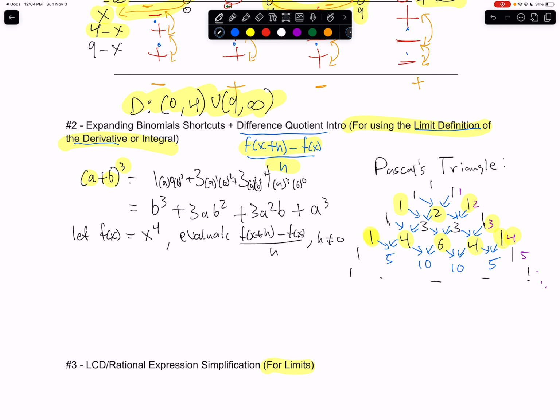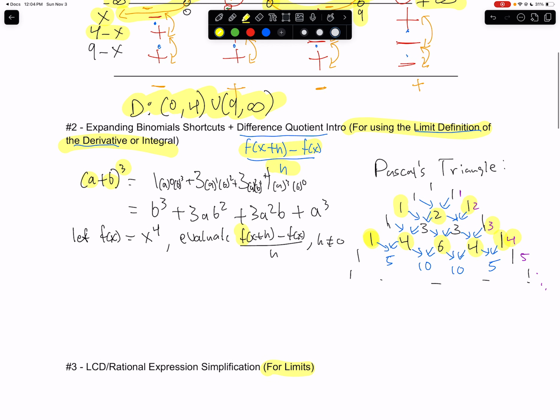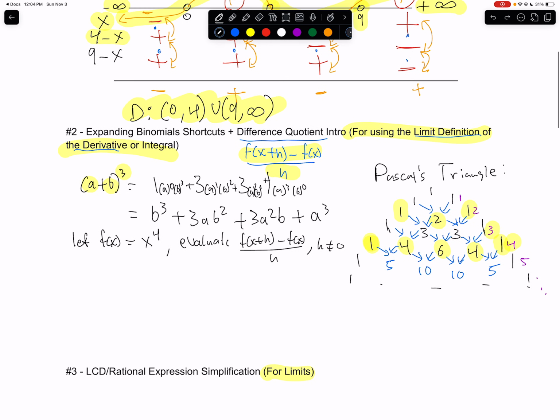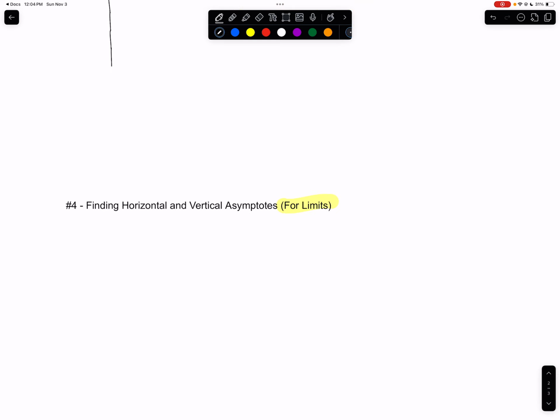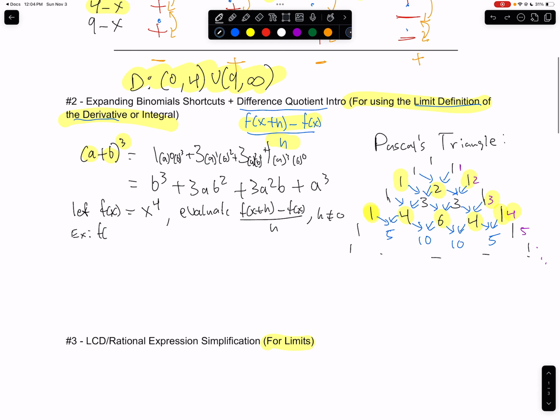Well, you have to think about function notation, okay? We see an f of something here. Really how I want you to think about this is, if it's f of x plus h, think of it like plugging in f of 3. For example, f of 3, that's just 3 to the fourth.